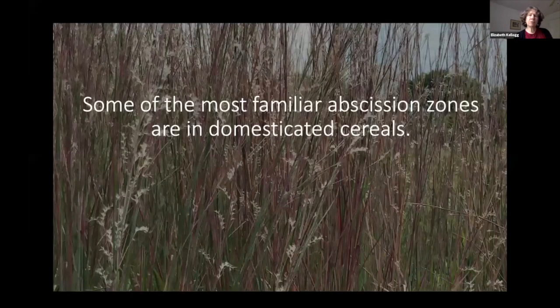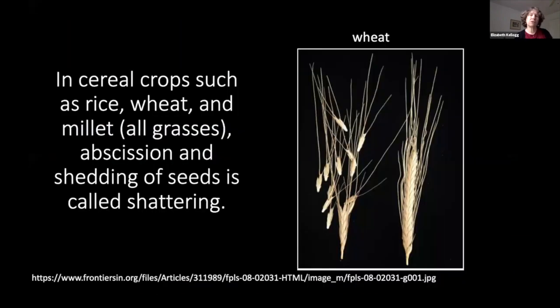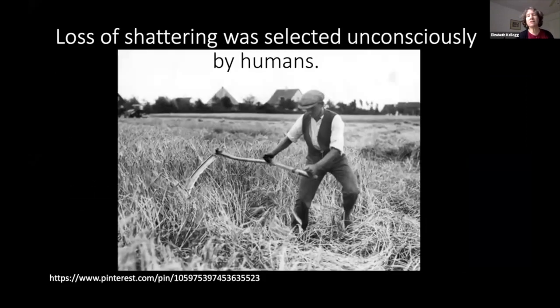The most familiar abscission zones below the fruit are in the domesticated cereals. So you know this if you've studied domestication at all. In the cereal crops, such as rice and wheat and all the grasses, abscission and shedding of seeds is called shattering. So this wild wheat on the left shatters, that is, it breaks up. There's abscission in very specific parts of the inflorescence. Whereas the process of domestication is a loss of shattering, which was selected unconsciously by humans.